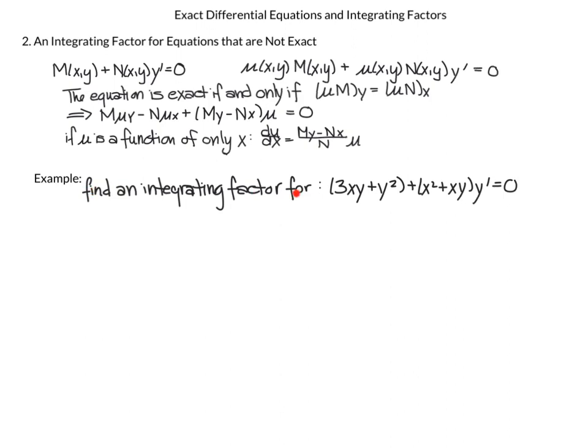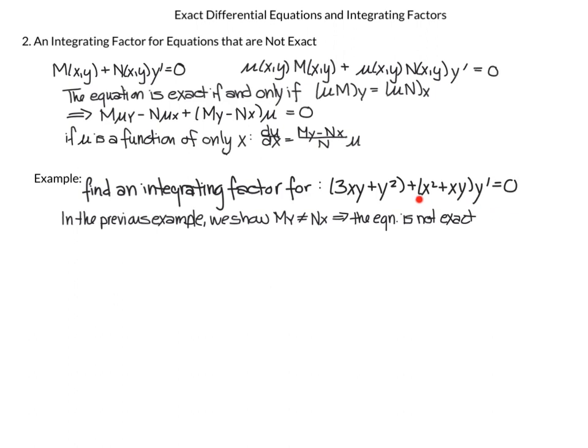So we're going to do an example: find an integrating factor for (3xy + y²) + (x² + xy)y' = 0. And this is the very same equation where we showed that the equation was not exact, and we used this equation to introduce integrating factors. So now we can solve it.